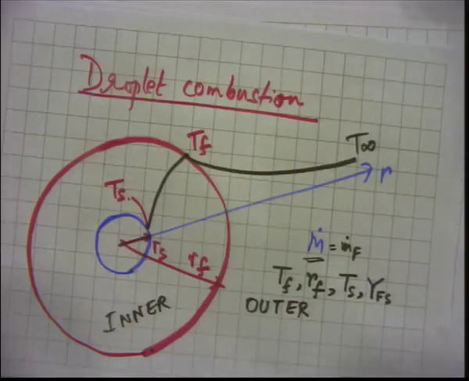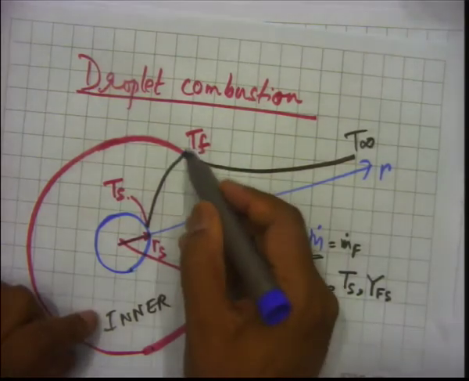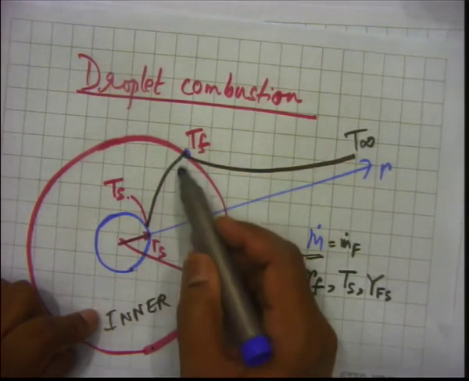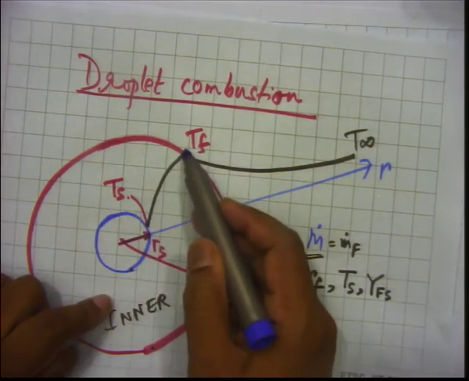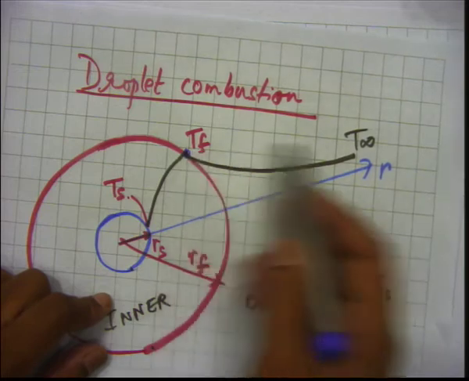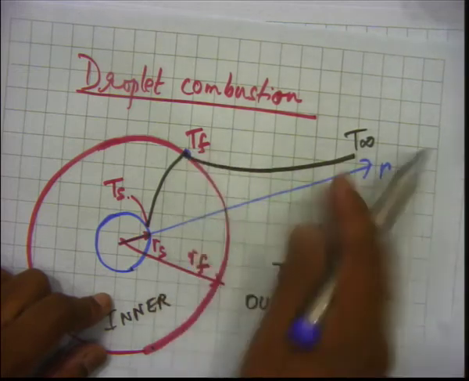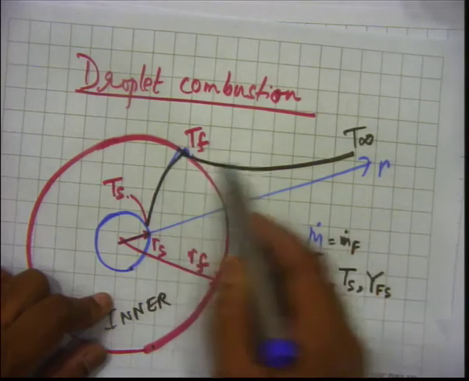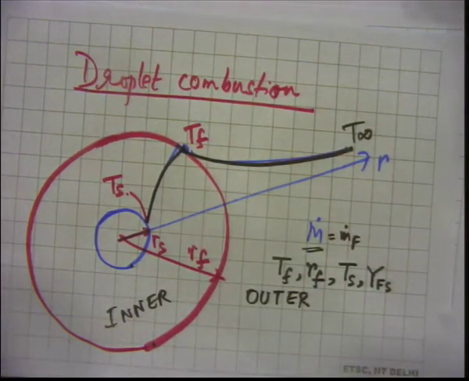Basically, you are matching the temperature here. The inner zone energy equation, when integrated, will give you a temperature Tf. We ensure that by forcing a boundary condition of T equal to Tf at R equal to Rf. Similarly for the outer zone. So you get one piece from the inner zone solution, one piece from the outer zone solution.